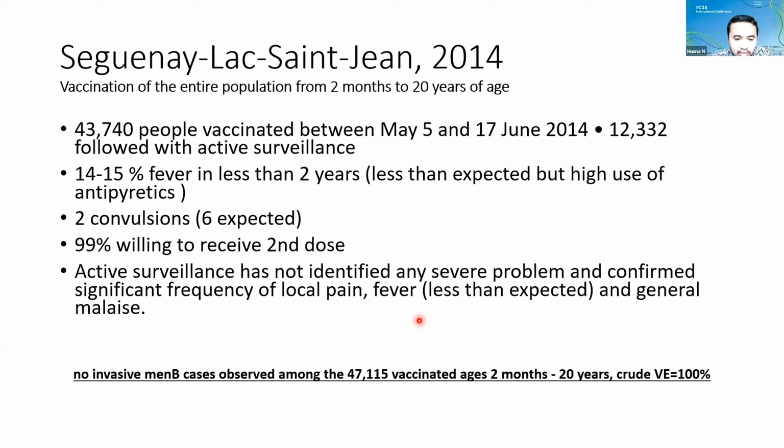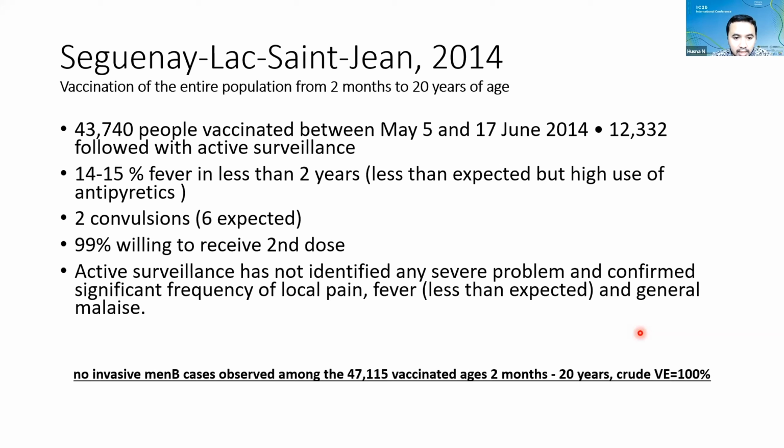No invasive meningitis B cases were observed among the 47,000 people vaccinated from age 2 months to 20 years, with a crude vaccine effectiveness of about 100%.